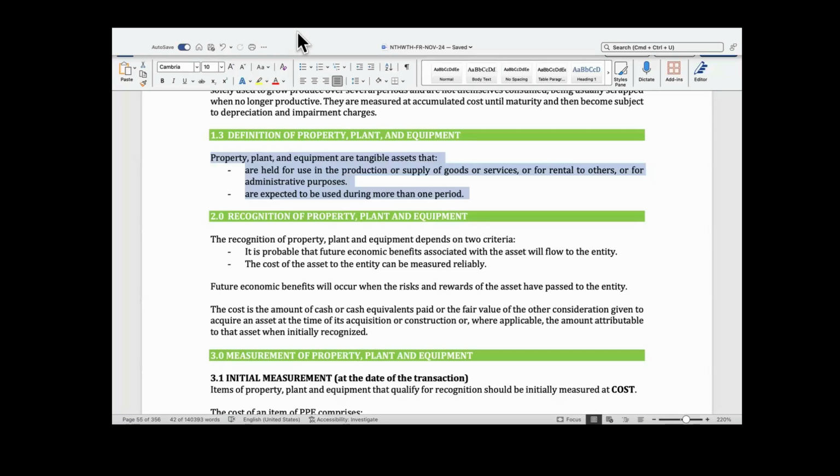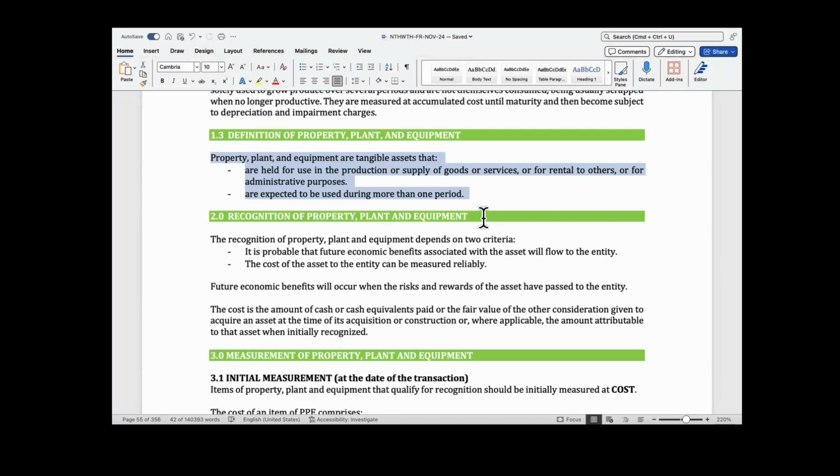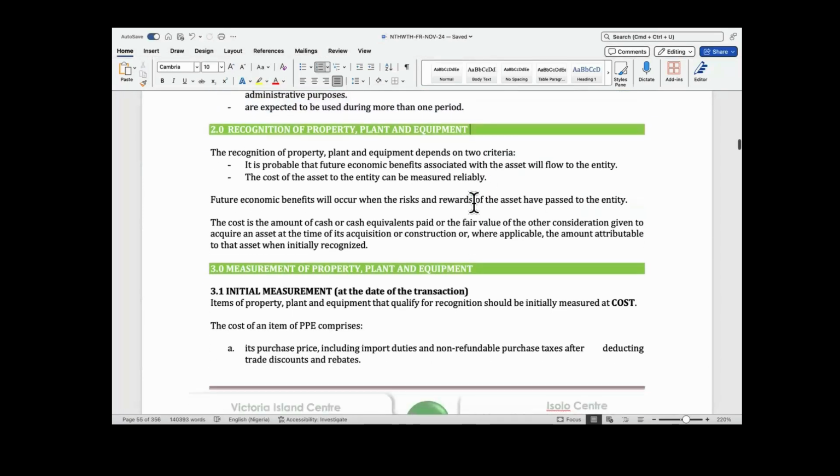Having understood the definition of PPE, when can you record it in your books? That takes us to recognition of PPE. Recognition of PPE depends on 2 criteria. This one, you have to cram it, you have to know it, and it makes sense.